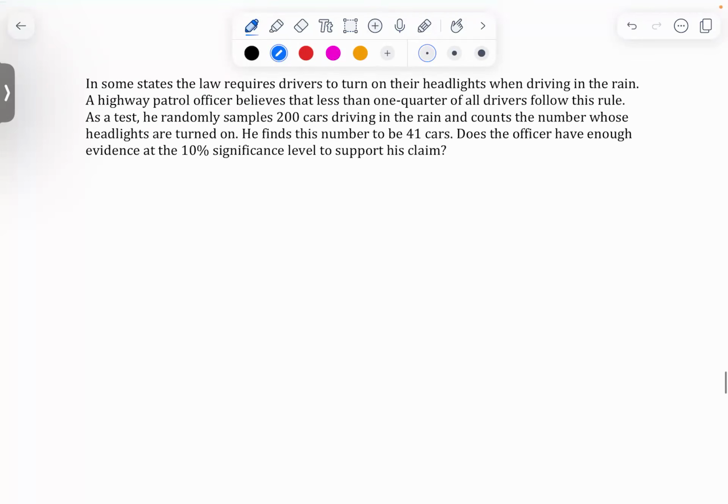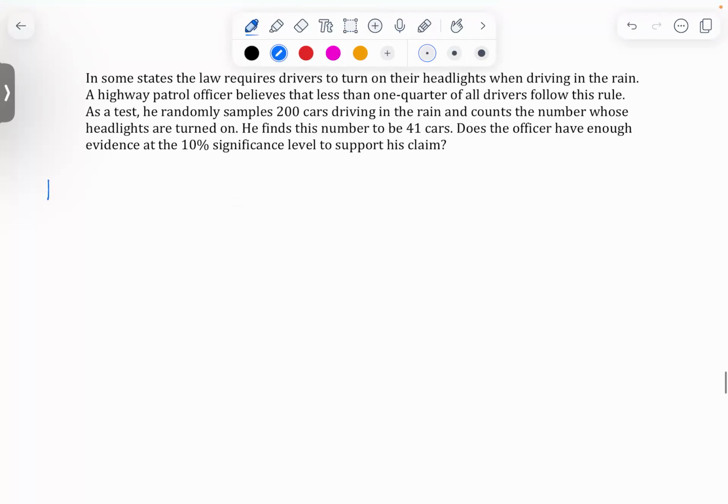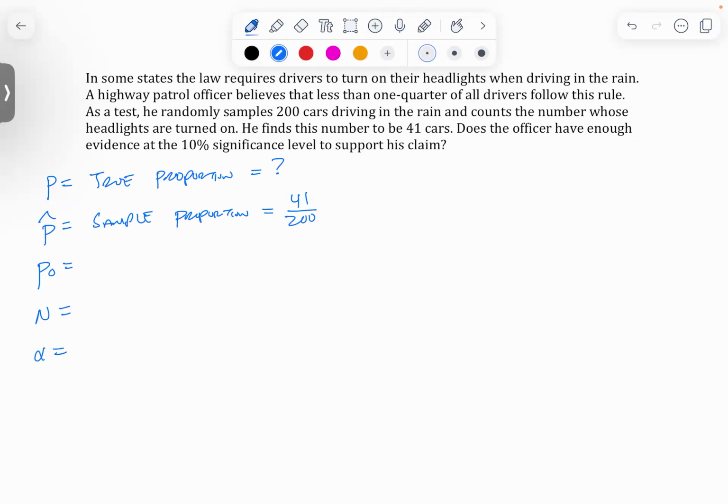First and foremost, let's identify information: p hat, p0, n, and significance level alpha. The true proportion is unknown. The sample proportion, we see that's the sample, 41 out of 200.